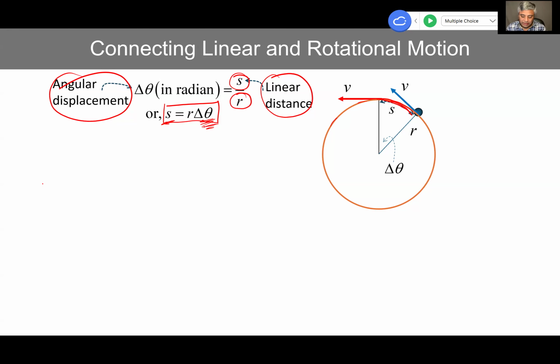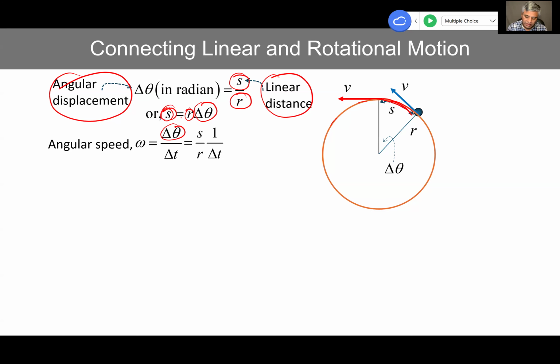Now we want to relate the velocities. Angular velocity is given by delta theta over delta t, right? Angular displacement divided by time interval. We have done this in circular motion as well, but since we're going to be using it here, I am bringing in the same thing. Now delta theta can be written as S over R because we want to go from angle to the linear value.